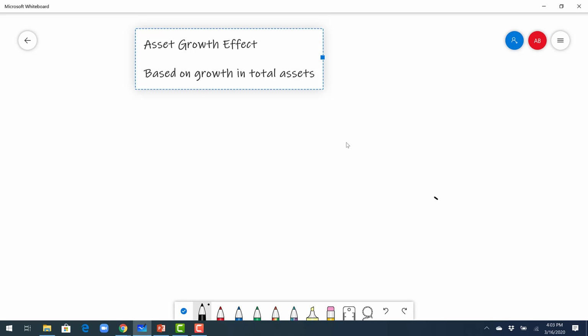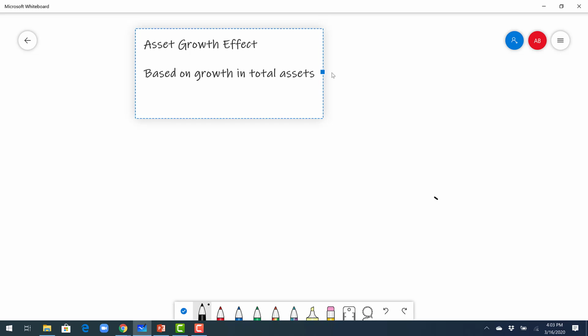The evidence in the historical data suggests that firms that have high growth in total assets actually have poor performance. Let me write that down, and then we'll talk about this.